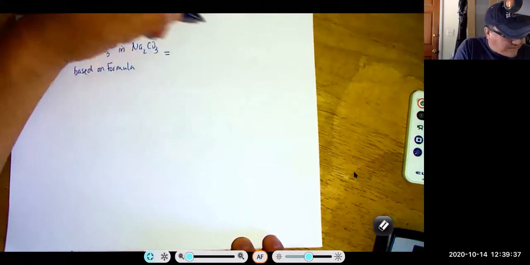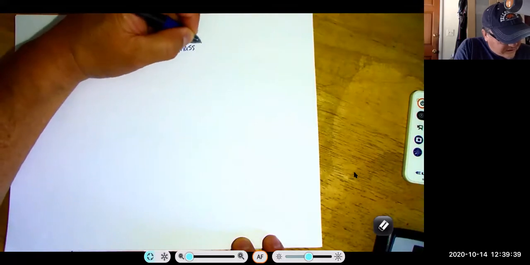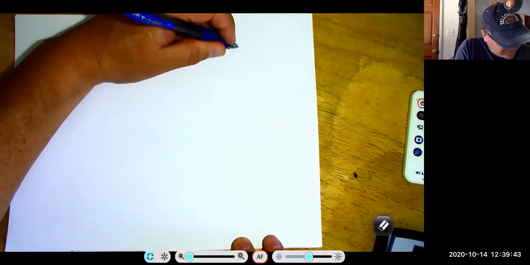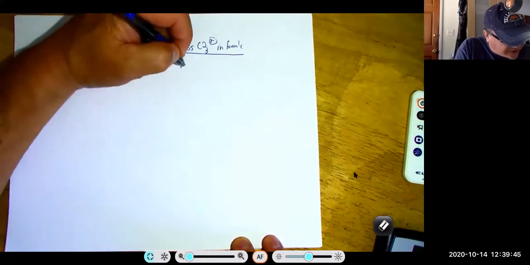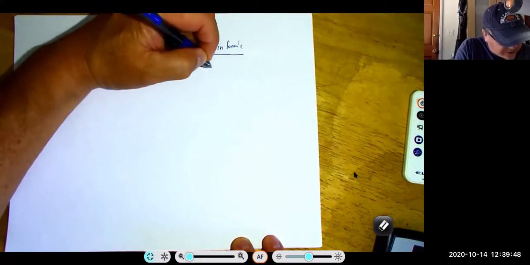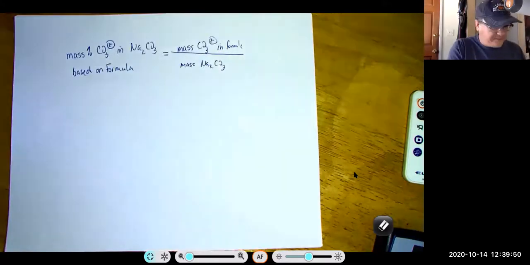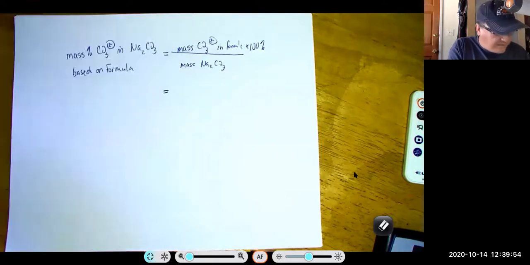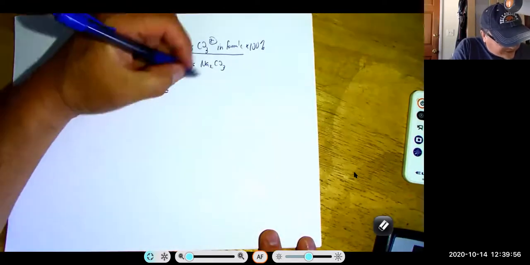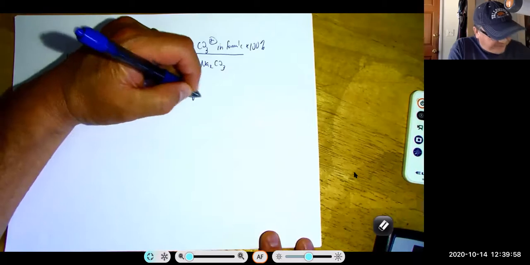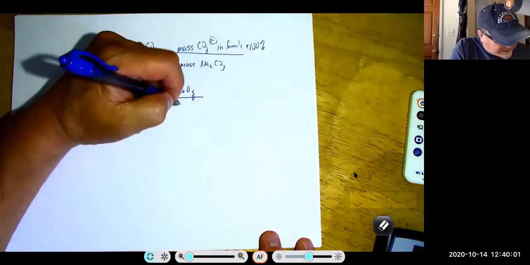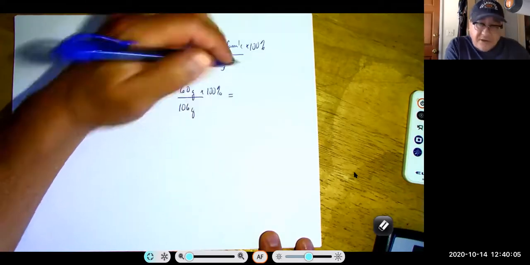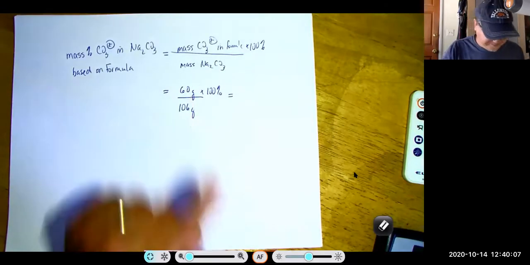So that's going to be the mass of carbonate ion in the formula divided by the mass of Na2CO3, the whole formula, times 100%. And I'm just going to round off. This is 60 grams. This is 106 grams. I'll let you get the better numbers than this, all right? Right.